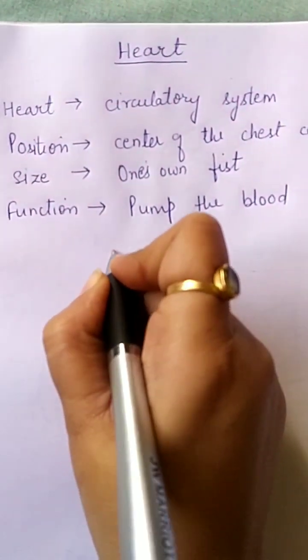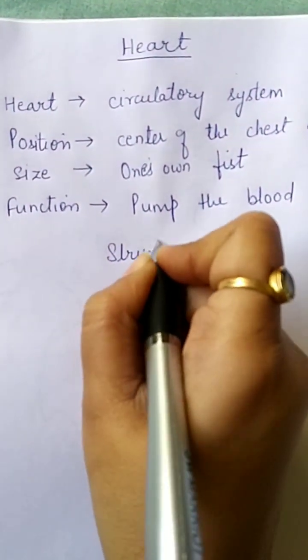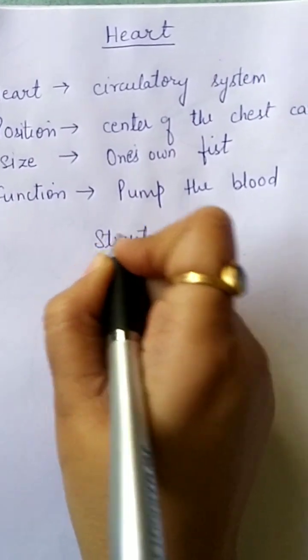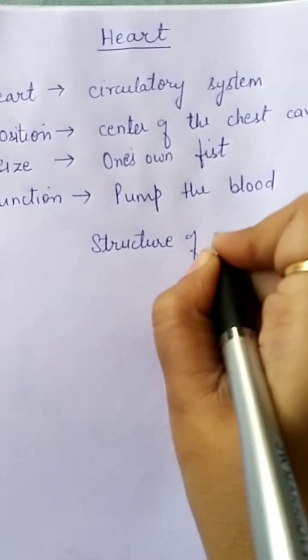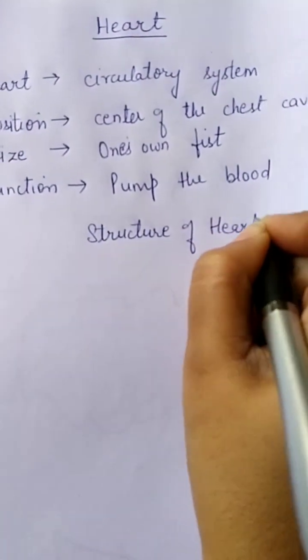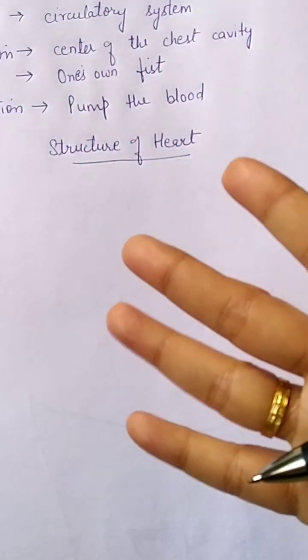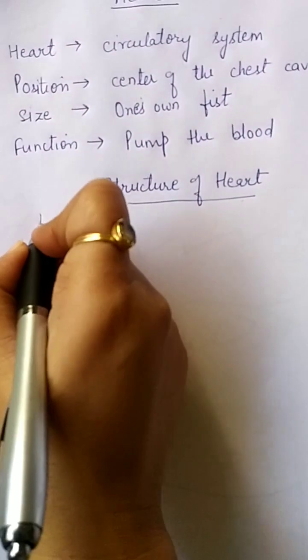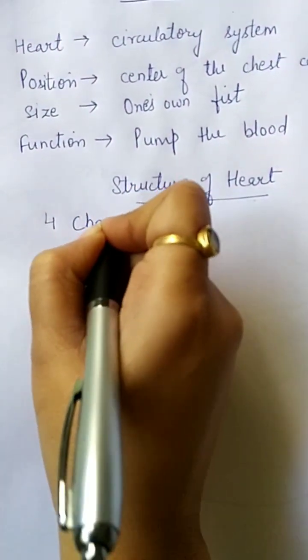Okay, so now we'll discuss about the structure of heart. So, human heart is made up of 4 chambers. Human heart has 4 chambers.